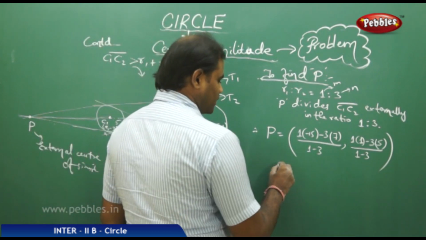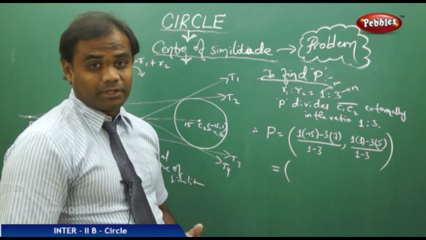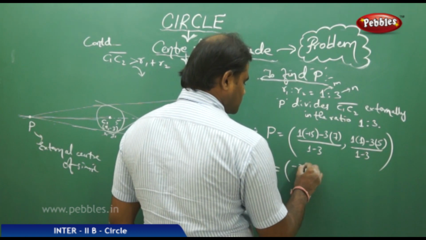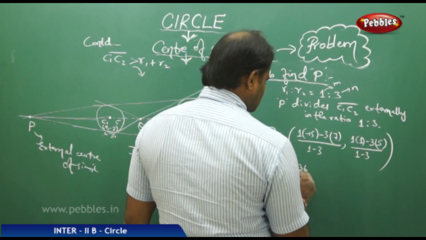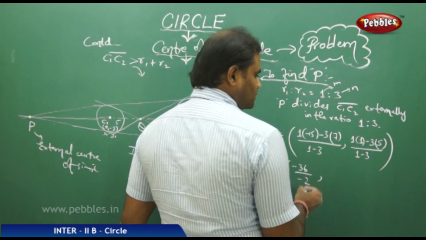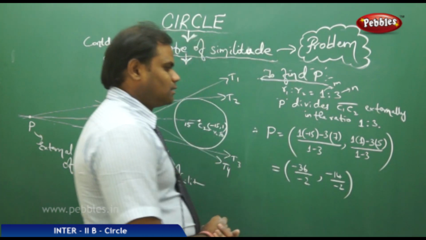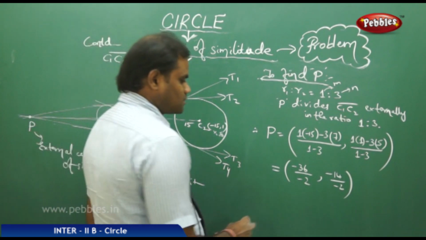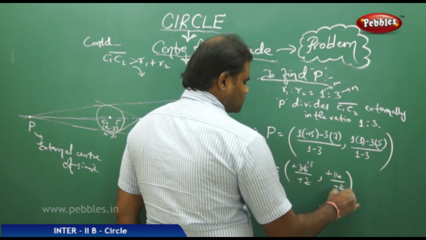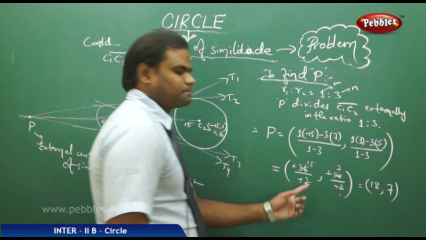This on further simplification gives minus 15 minus 21 is minus 36 by minus 2, and then 1 minus 15 by minus 2, which on further simplification gives minus cancelled, 2 1s, 2 18s, 2 1s, 2 7s, which is 18, 7.